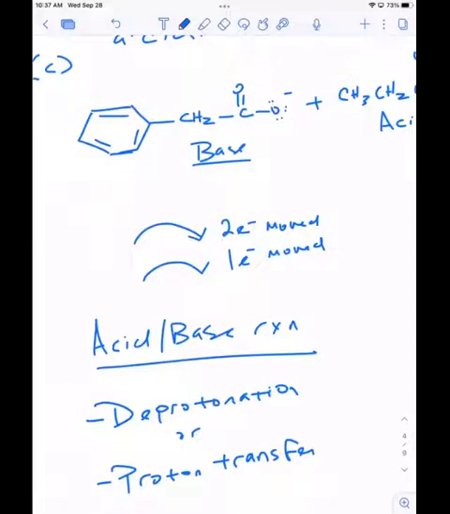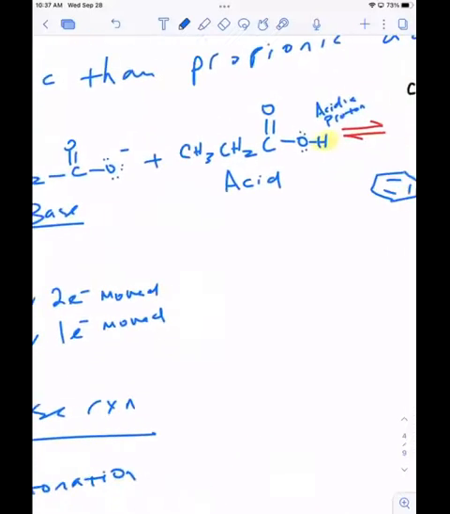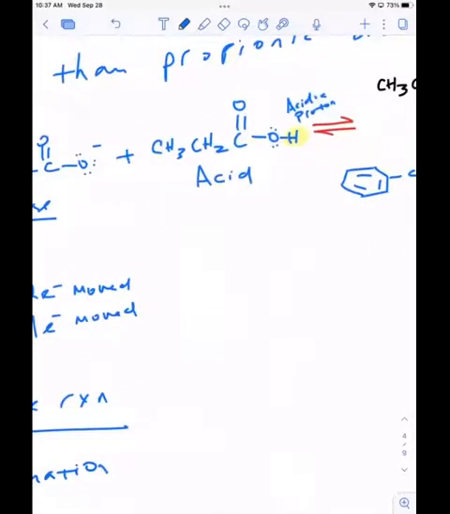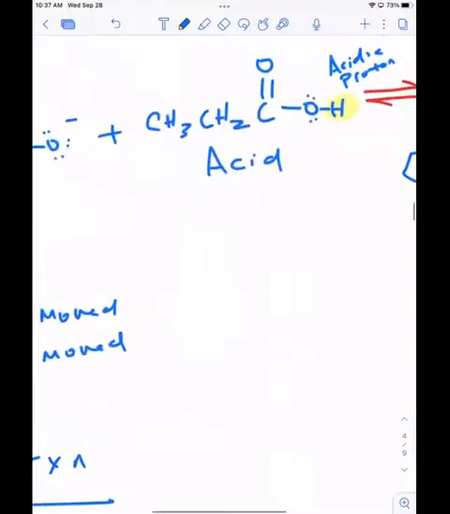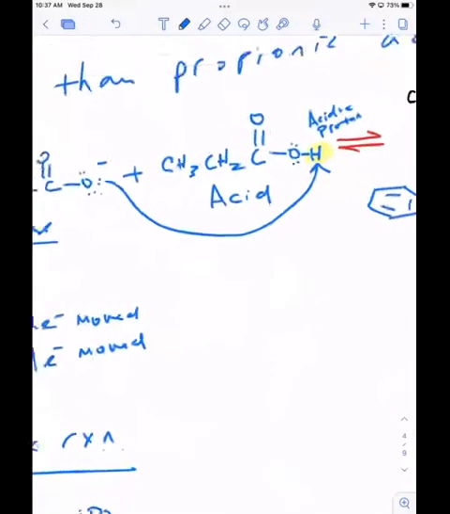And the way I show that is I'll show an arrow coming from the atom that I want to use on one side of the bond, going to the atom that I want to use on the other side. So I'm going to donate this pair of electrons from here to here.